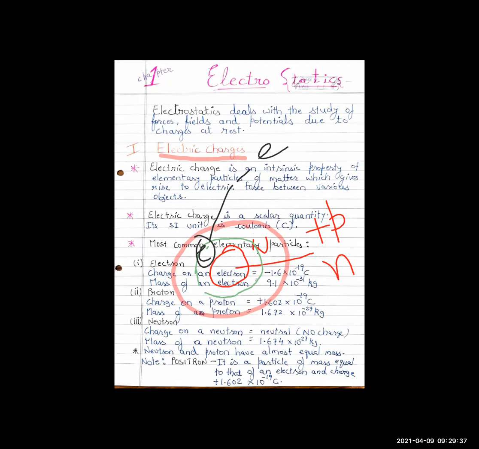It is due to these particles that the electric forces, that is the force of attraction and the force of repulsion, are produced. So these are all electric charge, right? One is negative and the other is positive. And these three are your elementary particles, the particles with which the atom is made.